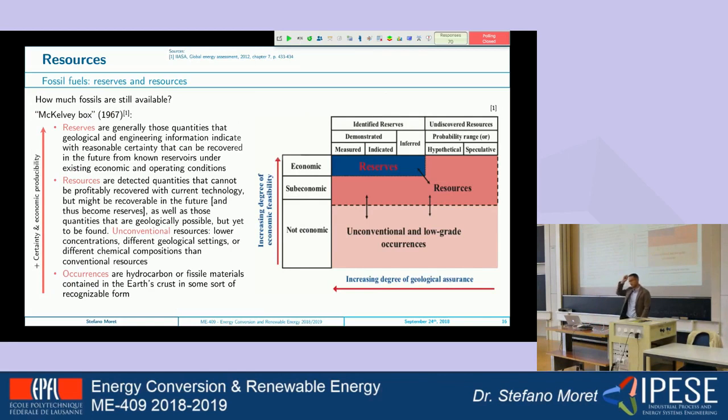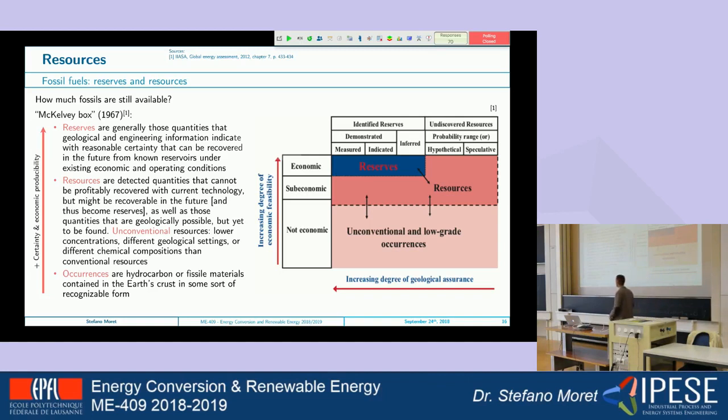There was this famous way of classifying fossil resources made in the 1960s by McKelvey. When we talk about resources, there is a main distinction that we have to make between reserves and resources. Reserves is usually what is known to be there and is economically exploitable at current economics. So it's something that we know that tomorrow we can go get and it will be profitable to get it.